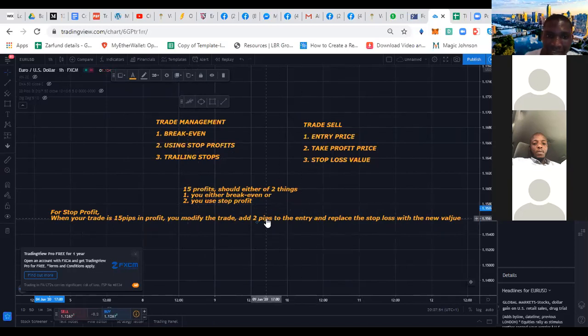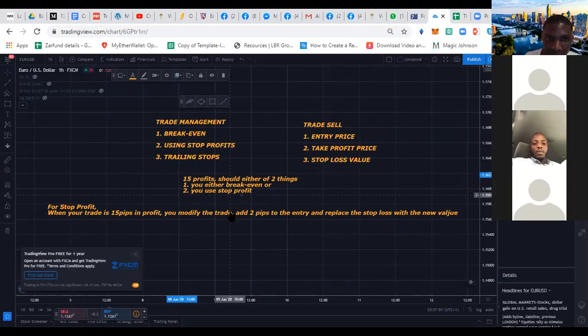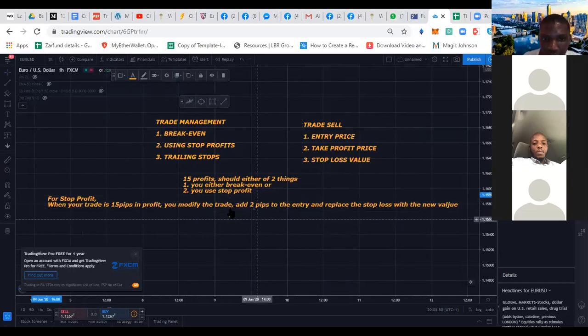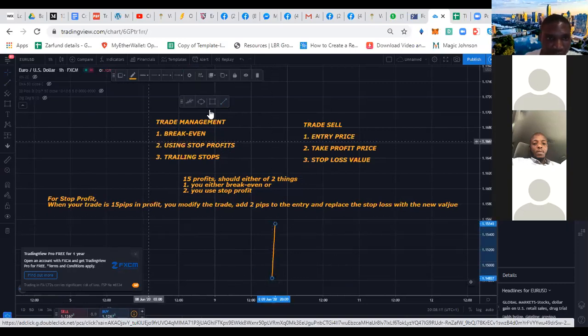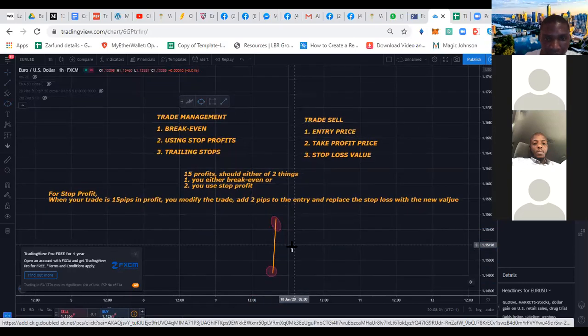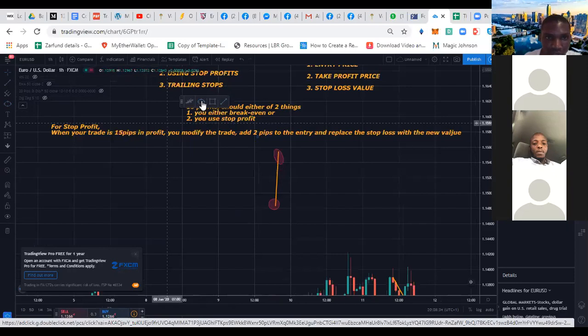Now, if you are in a buy trade, I said add 2 pips here. All right. If you are in a buy trade, your trade starts from the bottom and is going up. So this is your entry price, and this is your take profit here. And then below here is your stop loss.